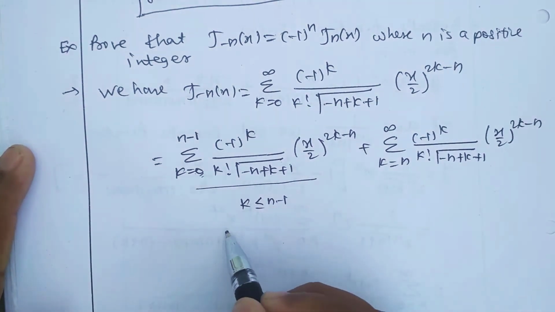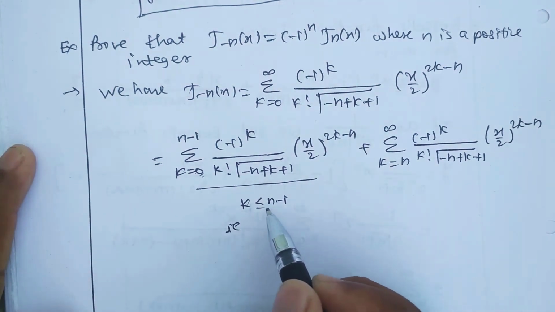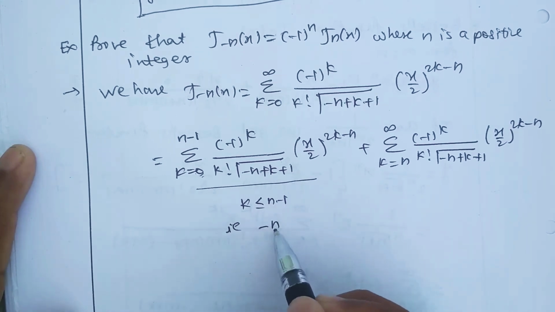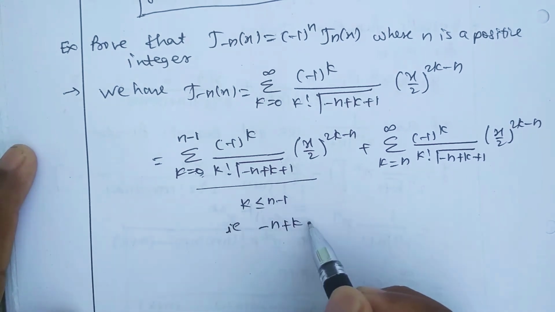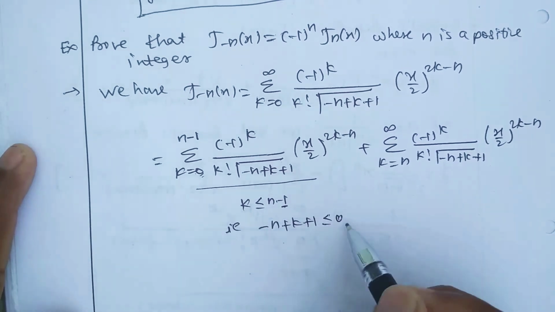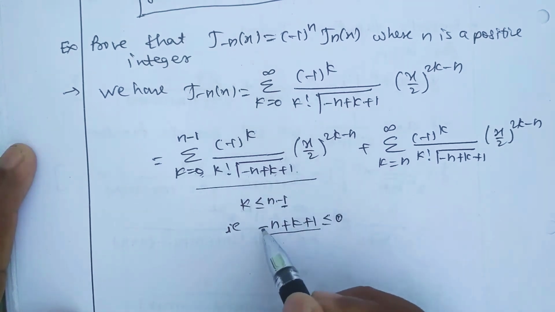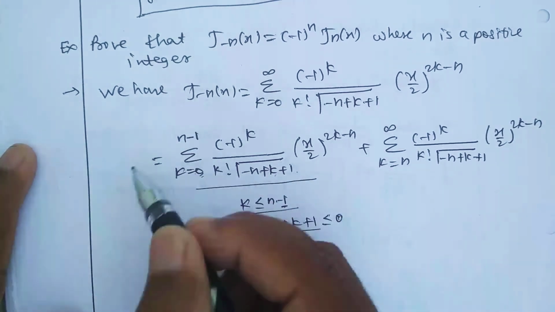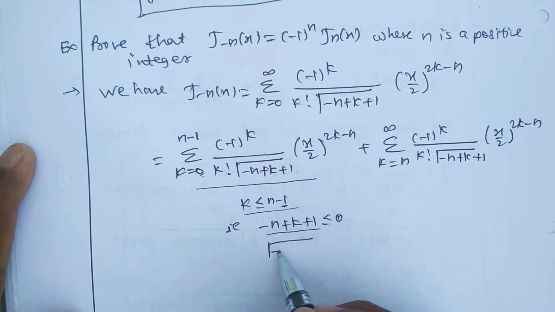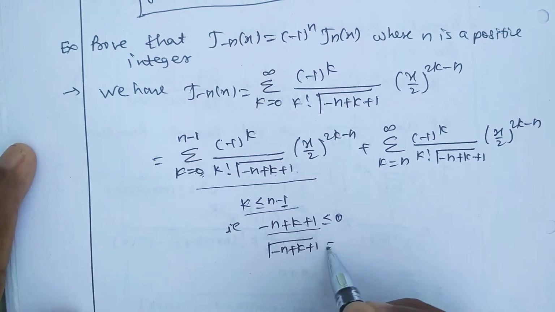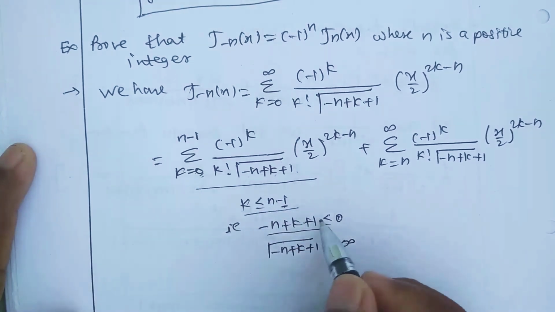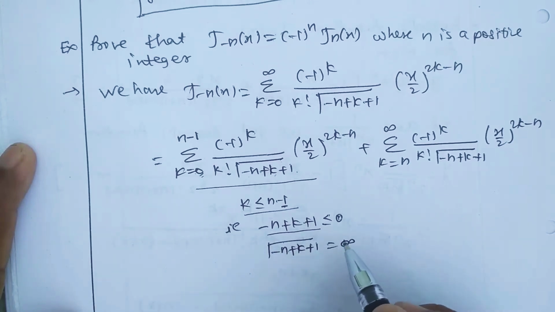That means if you take n to the left hand side, it becomes minus n plus k, and this minus 1 comes to the left hand side, plus 1 is less than or equal to 0. Now this number minus n plus k plus 1 is less than or equal to 0 for this case, and you know that gamma of minus n plus k plus 1 is equal to infinity for this case.